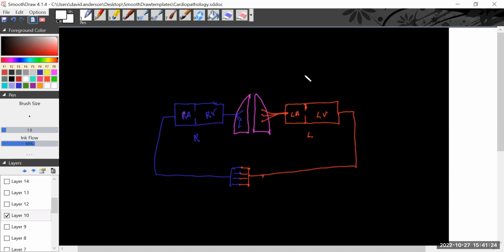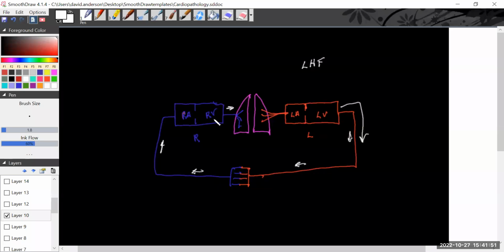So for the left heart failure, if we're talking about left heart failure, forward effects are everything going forward. Remember, blood flow is one way. So if we're talking about forward effects, we're talking about forward moving. So the blood that's leaving the heart, everything that leaves this chamber will be forward.